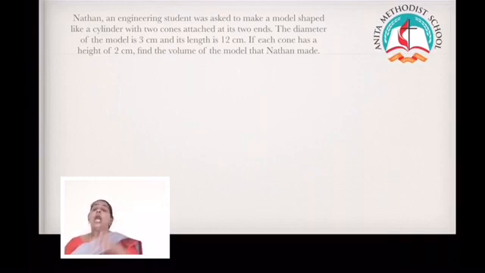Listen, children. Nathan is an engineering college student. He is trying to make a model. The model is a cylinder with a cone attached on both sides. The height of the cone is 2 cm. So 2 sides they joined cones. So how many centimeters is the length of the cones?